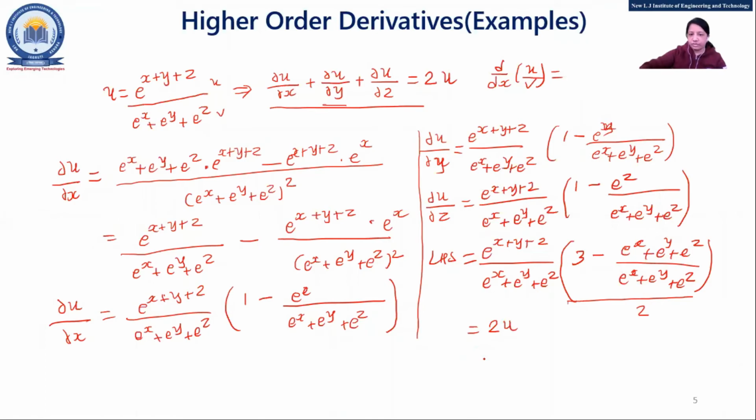So this is my RHS. I have written directly del u by del y and del u by del z. In the exam, you have to write down just these steps. You have to repeat this step, and for LHS, when you are starting, you have to write del u by del x plus del u by del y.